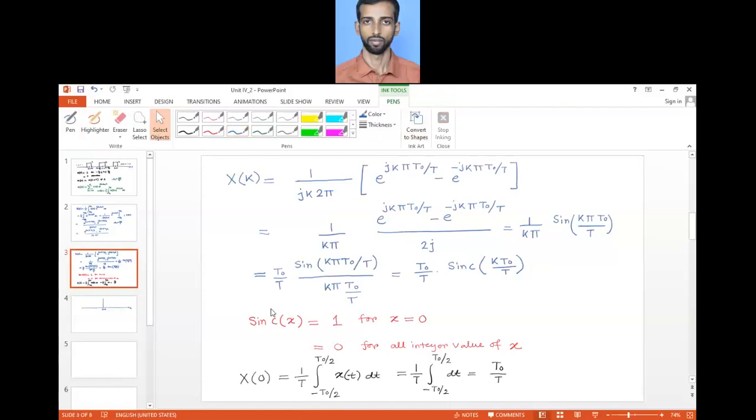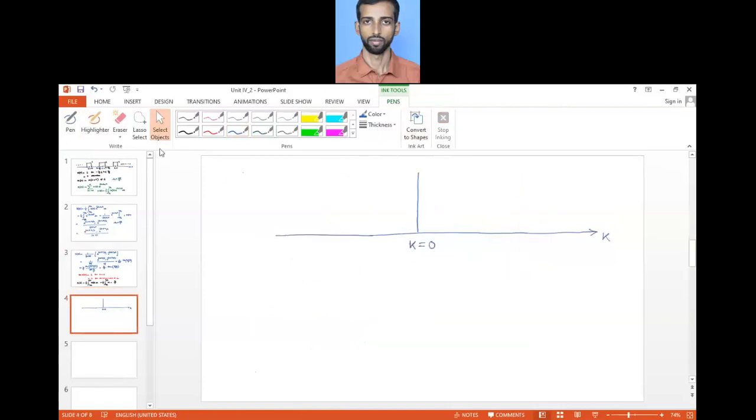And then, if I consider all integer values of x, when k t naught by t is equal to 1, then once again it becomes 0. So the argument k t naught by t equal to plus minus 1, plus minus 2, plus minus 3, and so on, the value becomes 0.